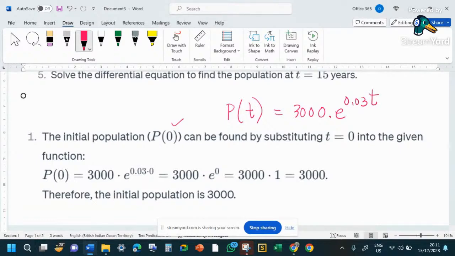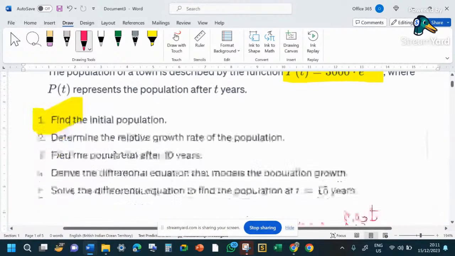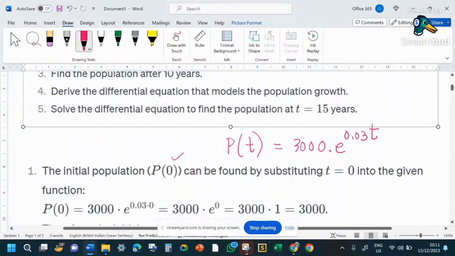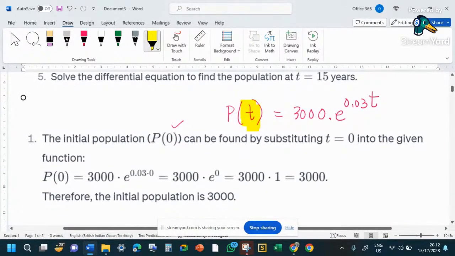Here is the function. So for the initial population, let's put 0 for our t here.